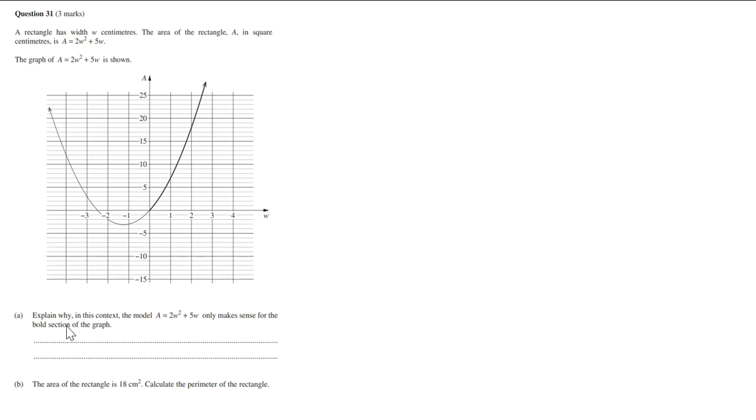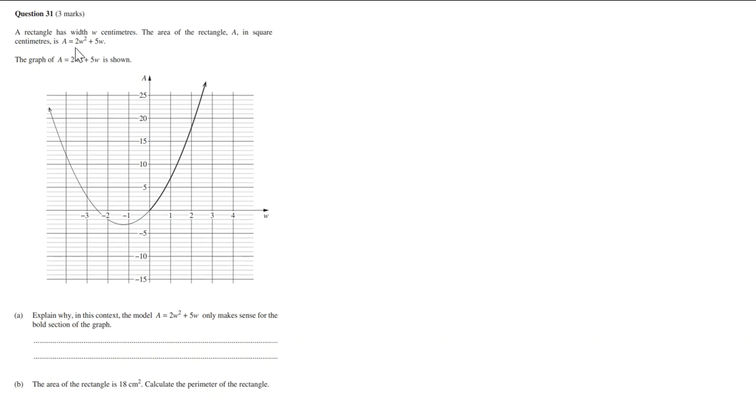So the first question is asking that we have to explain why in this context, and the context is that there is a rectangle whose width is W centimeters, and A is telling you the area of that rectangle. So whatever value you're going to plug in for the width, this equation will tell you what the area would end up being.